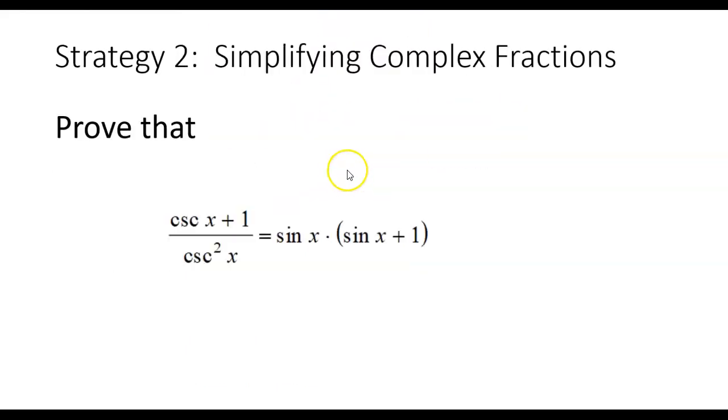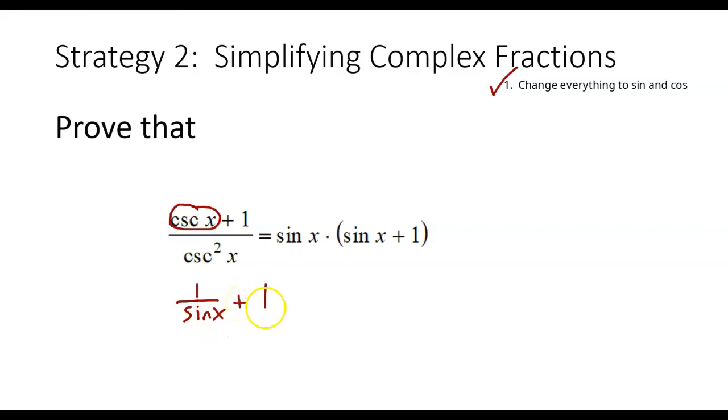So let's move on to our second strategy, which is simplifying complex fractions. For these types of problems, the first thing we're going to do is the same thing we did in the last one. We're just going to change all of these expressions into sine and cosine. So here we go. Cosecant, you can rewrite as 1 over sine of x.